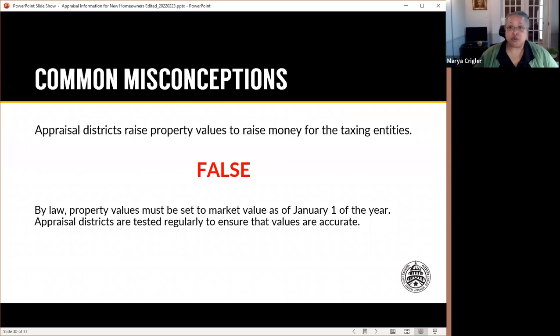They test us to make sure that we're following appropriate methods and procedures. And then they test the level of our values to make sure that we are appraising properties at 100% of market value. So we're required to appraise properties at 100% of market value because that's what's required by law and by Constitution, but we're not doing it just to raise money for the taxing entities. That's how our laws are requiring us to do our jobs.